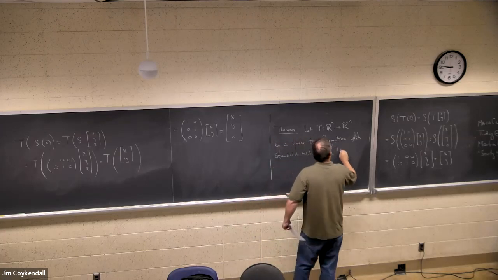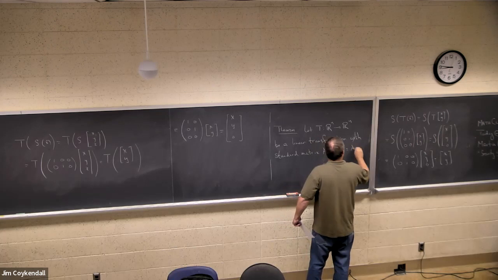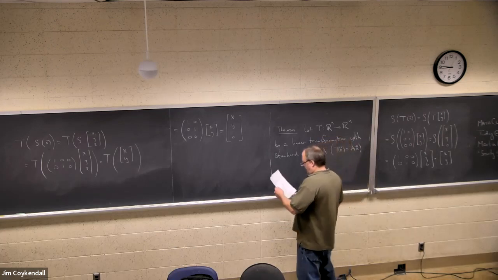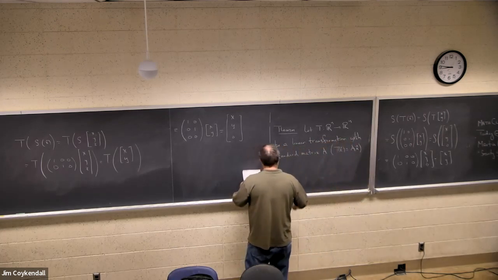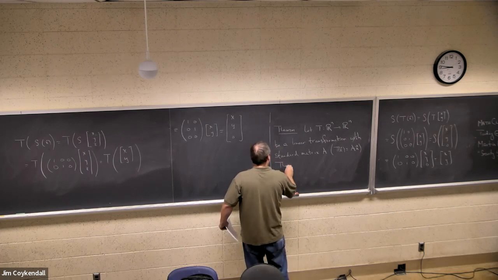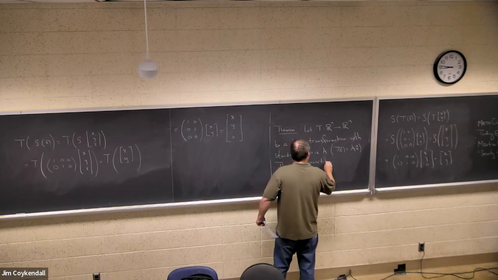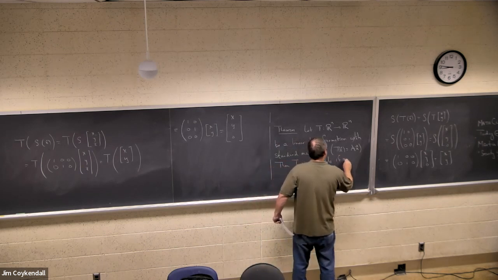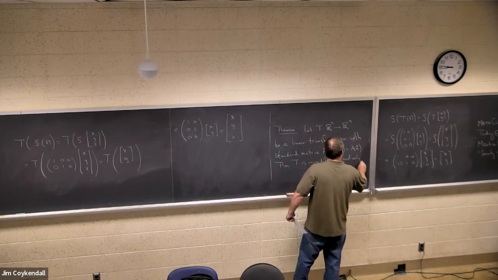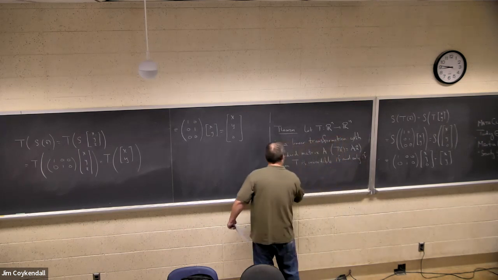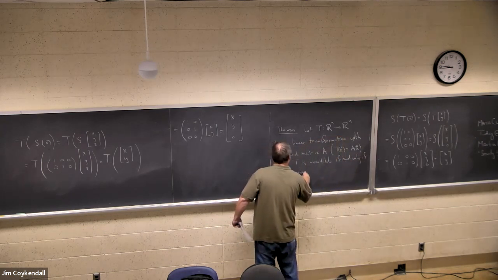That is to say, I can represent a linear transformation by multiplication by that matrix. Then T is invertible if and only if A is invertible.